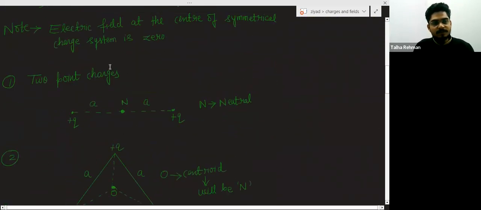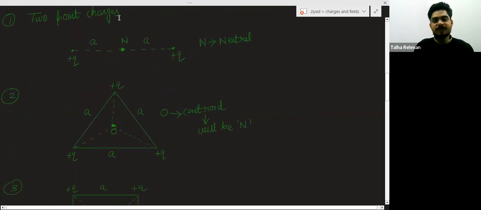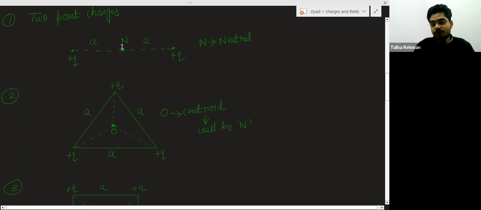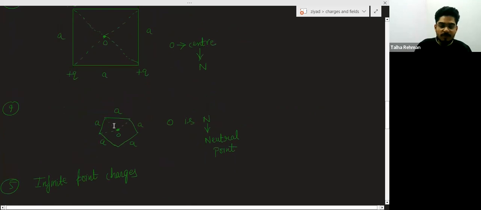Points at which the electric fields of individual charges cancel each other. For example, if there are 2 point charges, plus Q and minus Q, then the neutral point will be somewhere in between. If I tell you the reason for each and everything, it will take a lot of time, so I am giving just the basic idea. For these points, you should try.